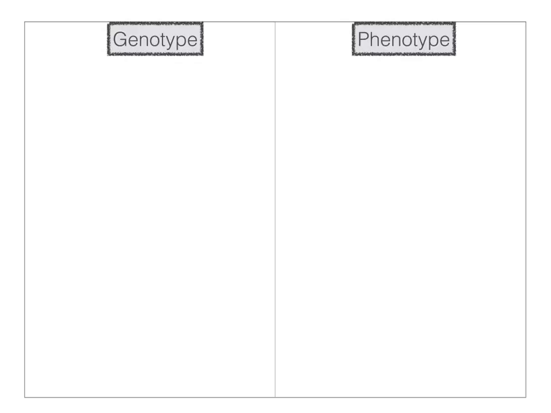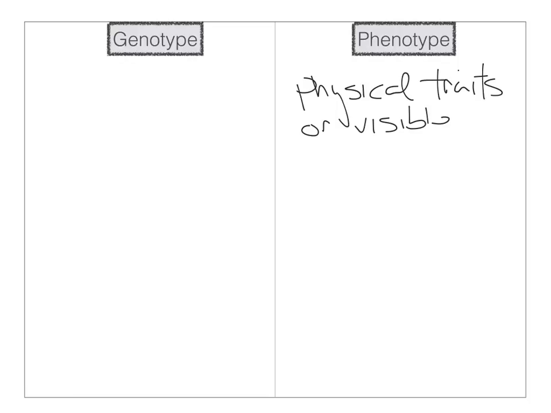So let's go to this right here, genotype and phenotype. So I'm going to start over here with phenotype. Phenotype is when you look at an organism, it's the physical traits, or you could say, visible traits. Okay.